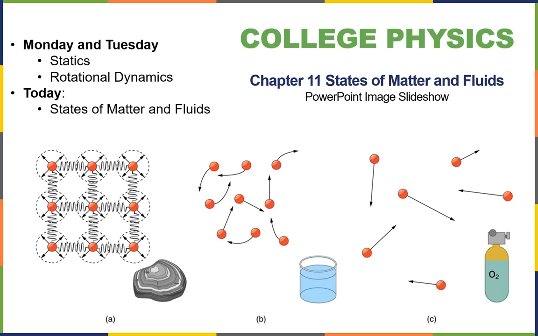What are the things that are fixed for a solid? Okay, the atoms have fixed locations, but that's not what you learned in grade school. What did you learn? I learned solids, liquids, and gases. Solids are locked to each other.